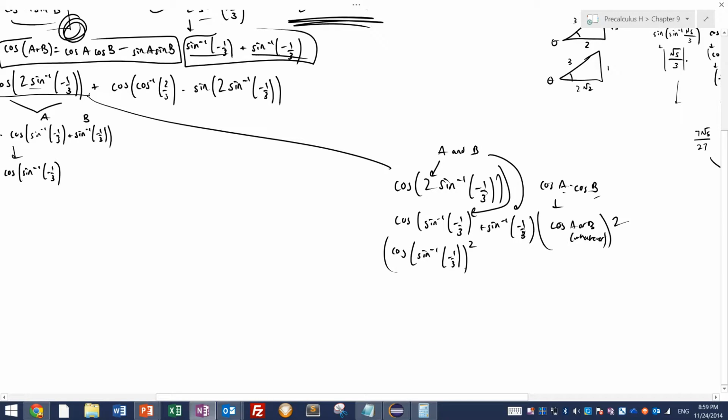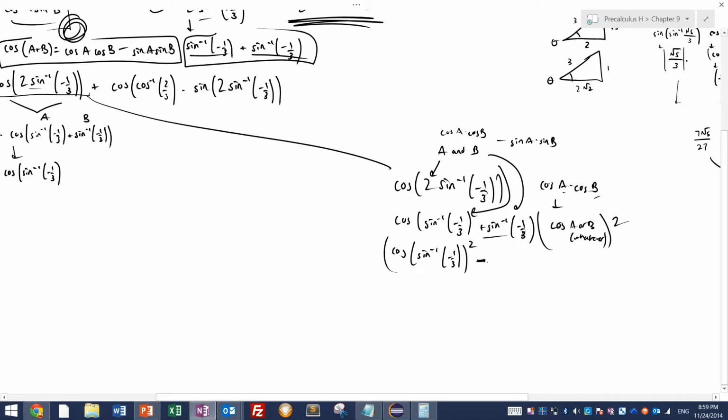And now the other part, which is sine A times sine B, which is, remember, subtracted from cosine A times cosine B. And remember, in the law of adding angles and cosine, that's going to become something easier for us to use because it's already in arc sine.